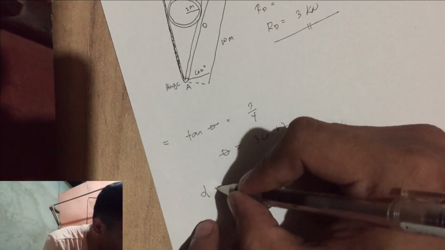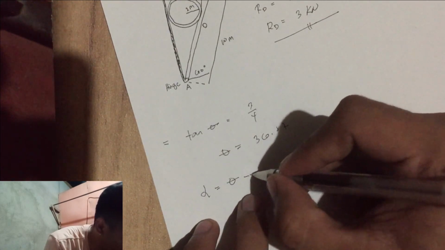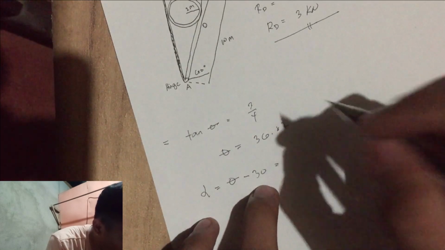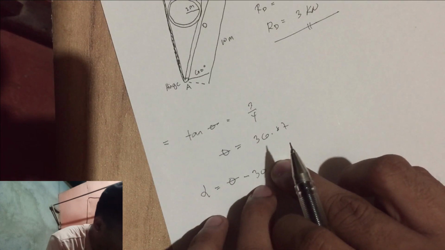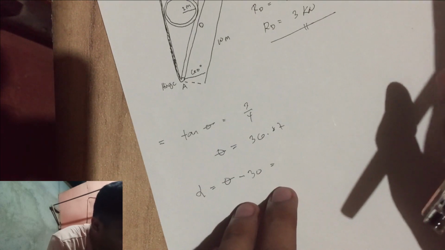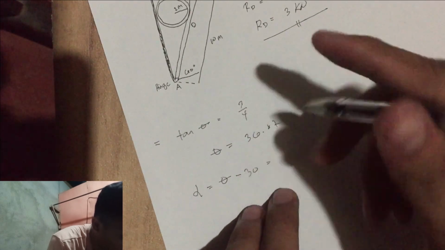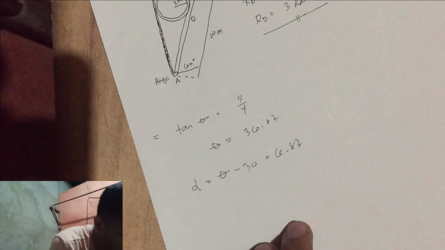Our alpha is also equal to angle theta minus 30, which is equal to 6.87.